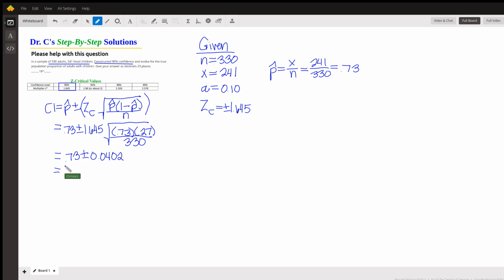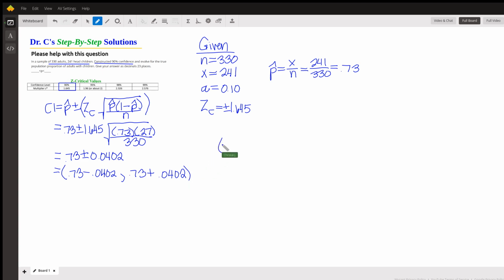Lower bound is minus, so you would do 0.73 minus 0.0402, and your upper bound is 0.73 plus 0.0402.